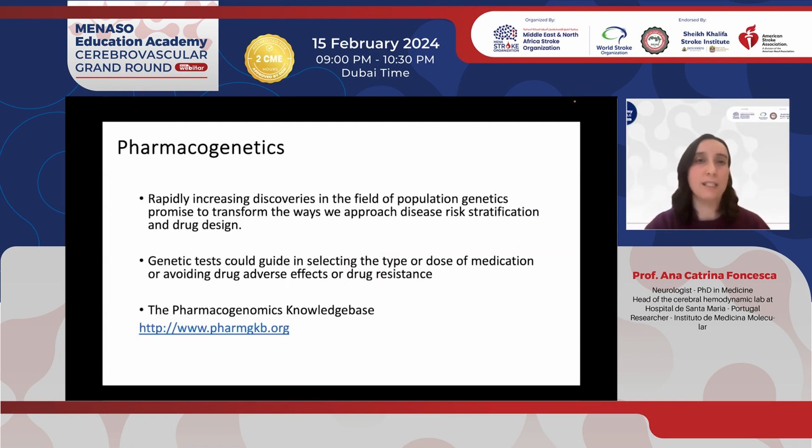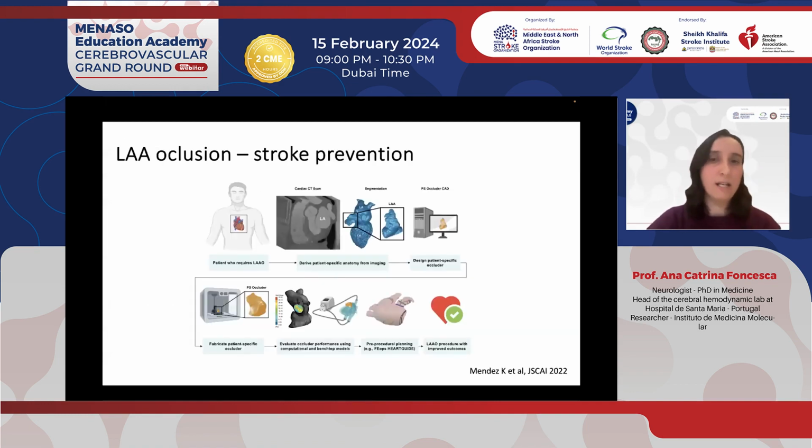So as you can see, there's a lot we have to learn about pharmacogenetics. Actually, as time goes by, more and more we know about how drugs are metabolized and how genes interfere with this metabolization. An example also where personalized medicine can be applied is, for example, left atrial appendage occlusion.